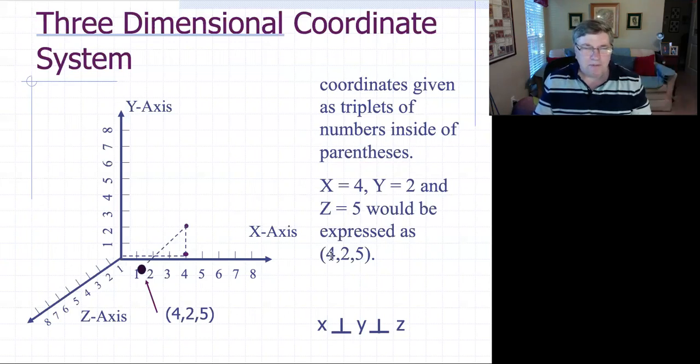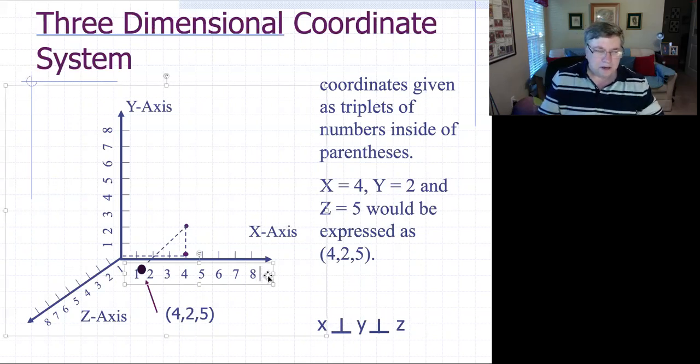So if we have a position of, let's say, a ball at +4 meters in the X direction, +2 meters in the Y direction, and +5 meters in the Z direction, we would go across 4, up 2, and then out 5. So that ball is actually in front of this 2-dimensional image that you're looking at. And again, a reminder that the X, Y, and Z axes are all perpendicular with each other.